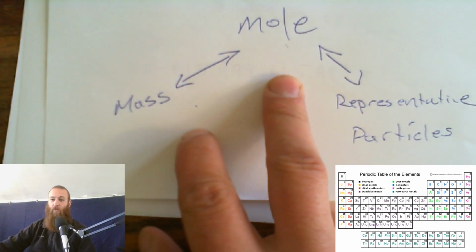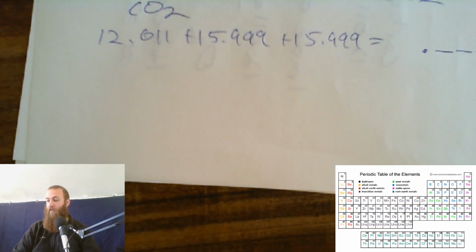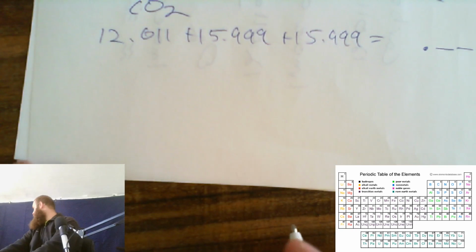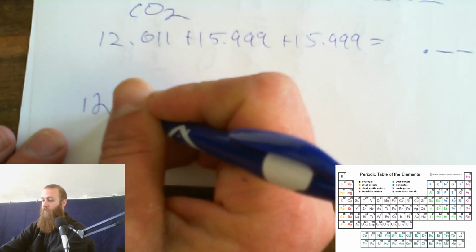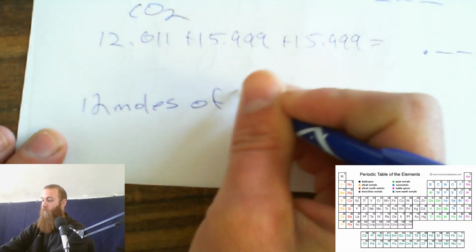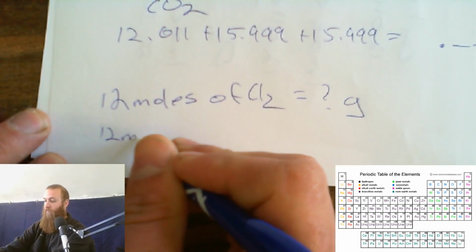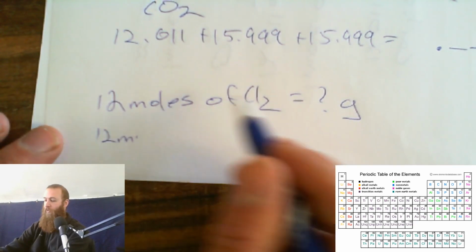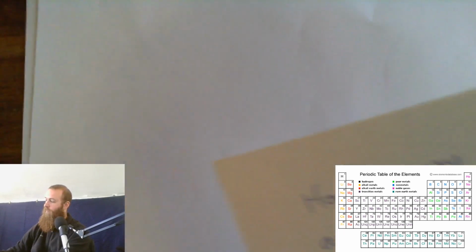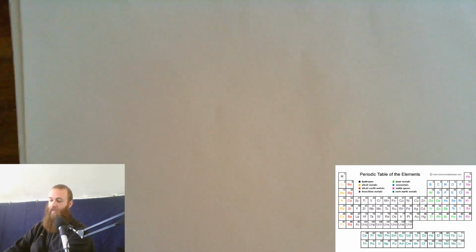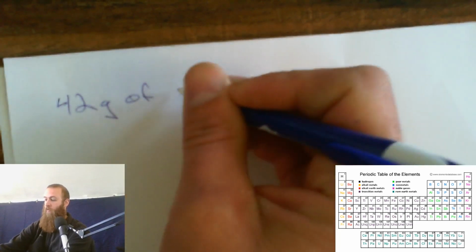Now you can go back and forth, okay? So for instance, I didn't do this, so this is a good one to follow up with at the end of the class. So let's say we had, I'm just making this up, 42 grams of Cl2.